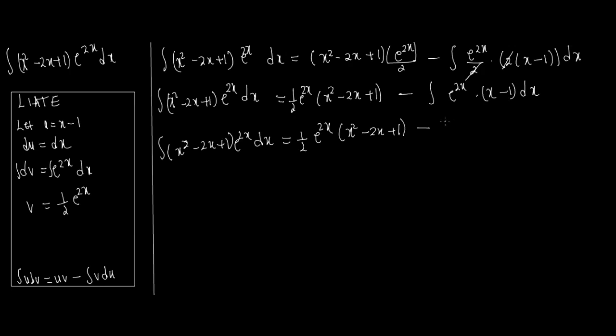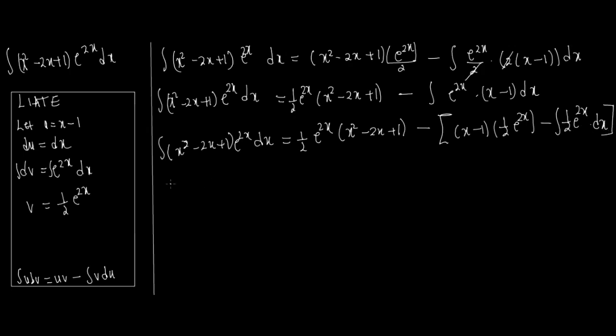1 over 2 e to the 2x times x squared minus 2x plus 1, minus, now we need to apply the formula. u is equal to x minus 1 and v is equal to 1 over 2 e to the 2x, minus the integral again. What is v? v is 1 over 2 times e to the 2x and du is equal to dx.